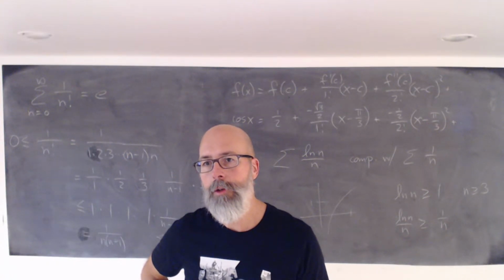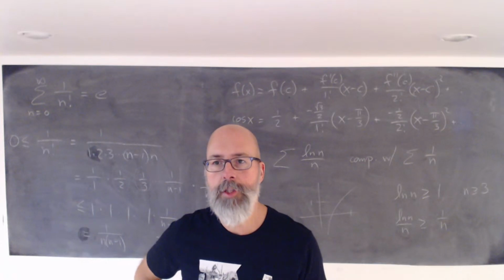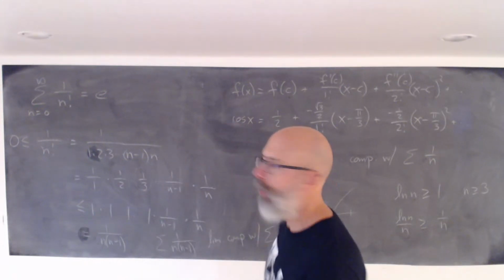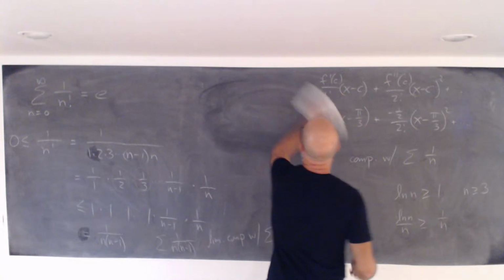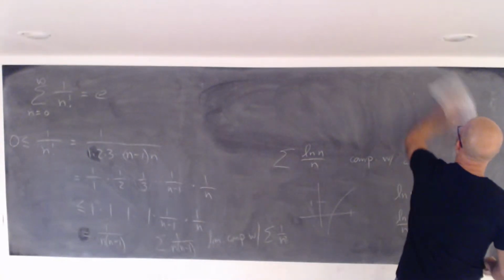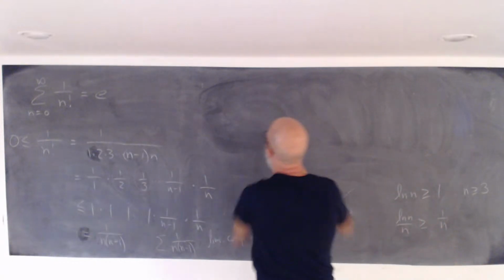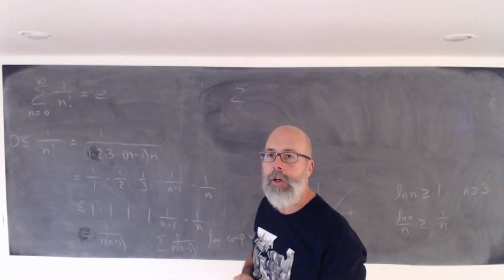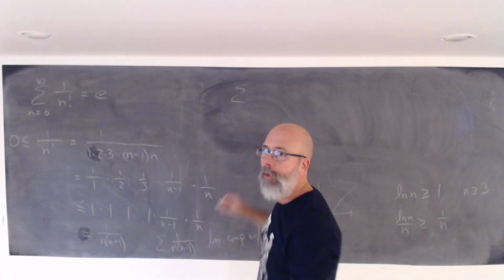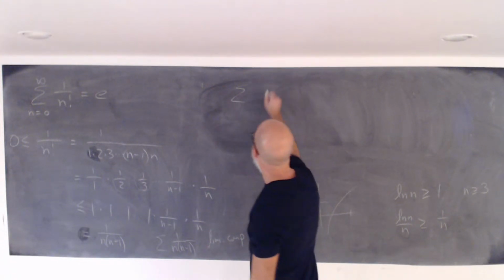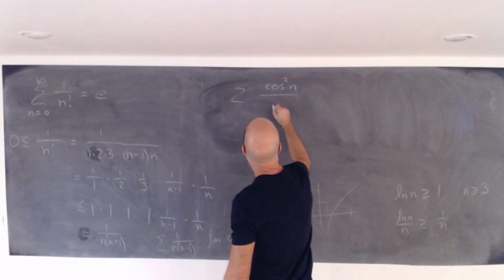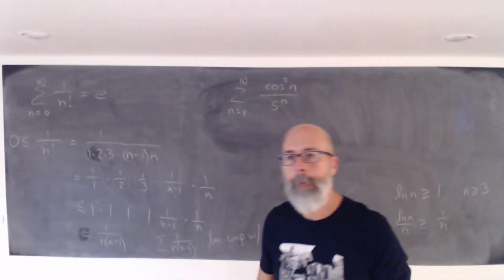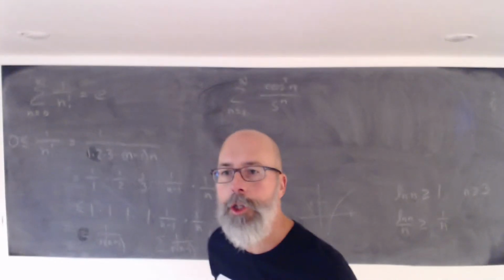Lynn is asking, use the sum of the first 10 terms to approximate the sum of the series. Estimate the error. And the series is the sum from n equals 1 to infinity of cosine squared n over 5 to the n. I believe that's the question.